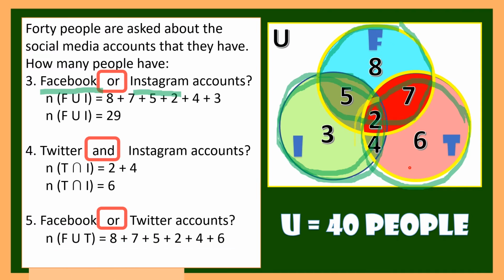So, let's have Facebook 8, 7, 5, 2, and for Twitter, we have 4 and 6. Take note class, hindi nyo na kailangan ulitin again yung 2 at 7. So, isang beses nyo lang siya isusulat. Understood na yon na part siya ni Facebook at the same time part ni Twitter. Then, add nyo lang po yung ating given to get the union of Facebook and Twitter. So, simply, the final answer is 32.